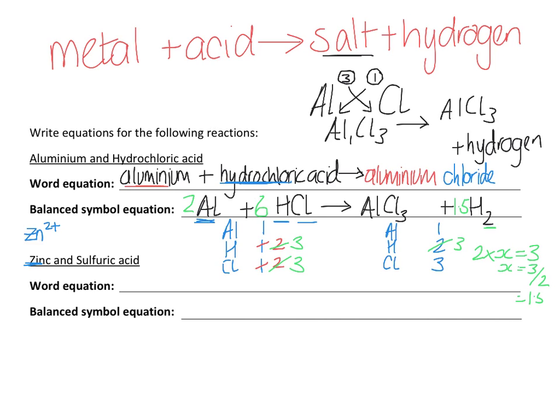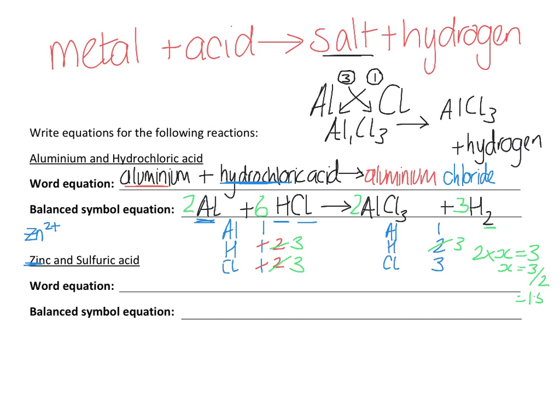Instead of having 1 aluminium chloride, I now have 2. And instead of having 1.5 hydrogens, I multiply that by 2 and I get 3 hydrogens. So yes, that's a lot of working out, but in the end you get 2 Al plus 6 HCl goes to give me 2 AlCl3 plus 3 H2.